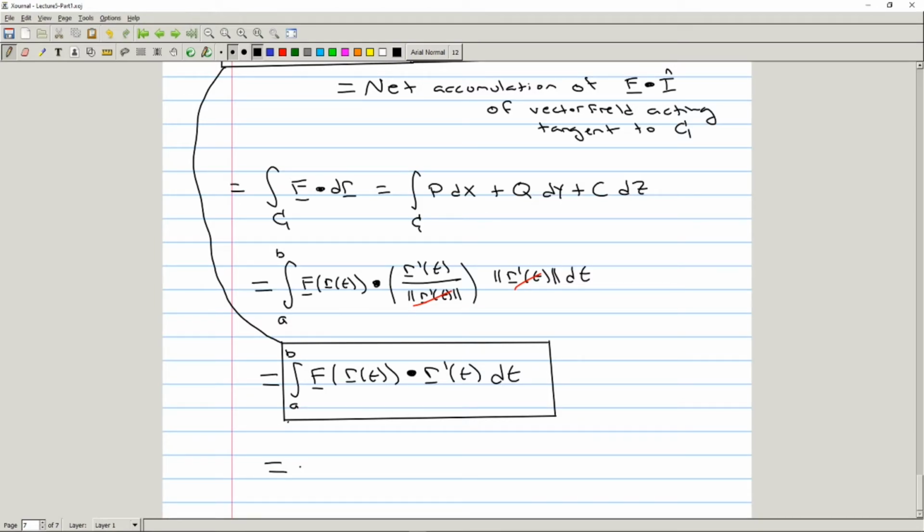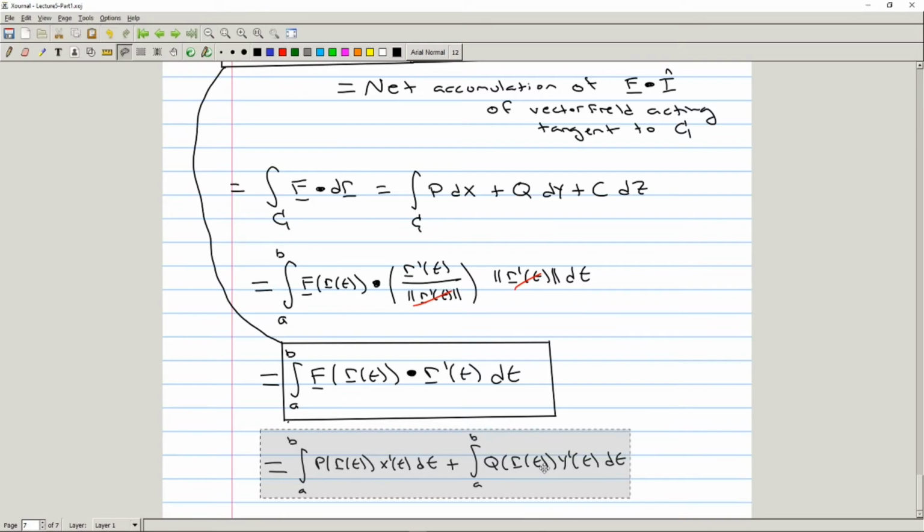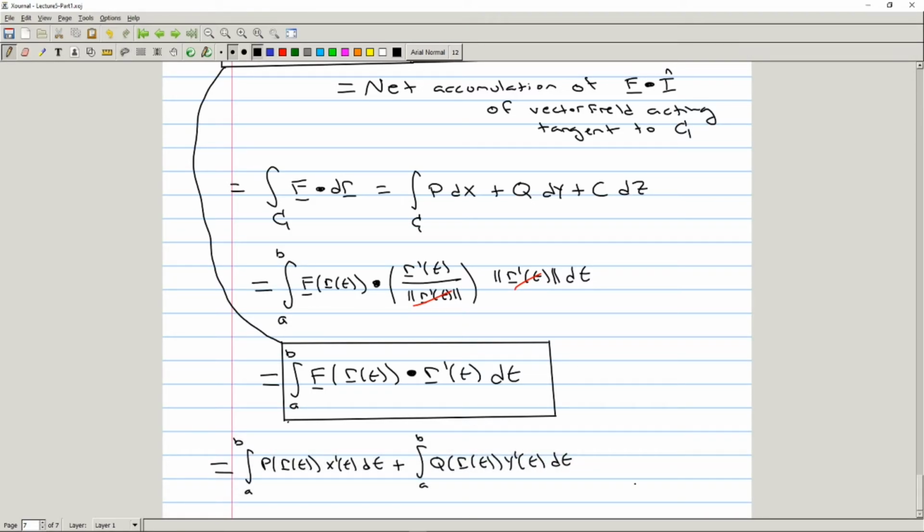this dot product is the same thing as the integral from a to b of P of r of t times x prime of t dt, plus the integral from a to b of Q of r of t times y prime of t dt, plus the integral from a to b of R of r of t times z prime of t dt.